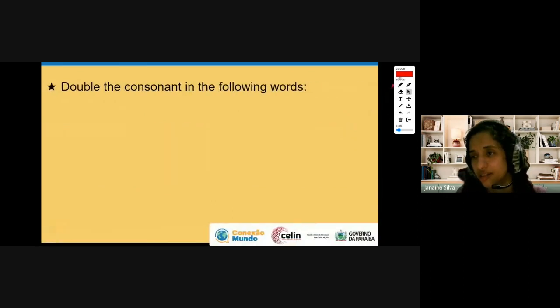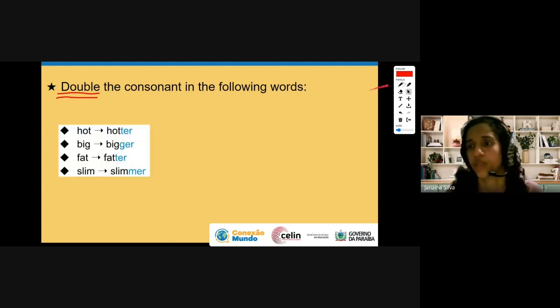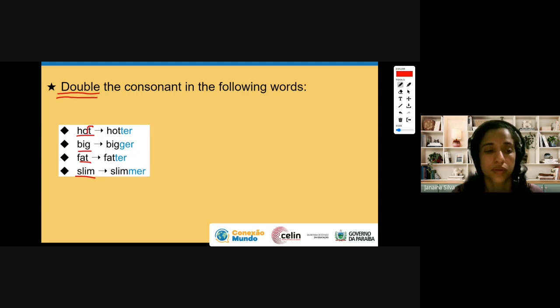Now let's check a second rule. Double the consonant in the following words. So if you have adjectives such as hot, big, fat, or slim, you need to double their last consonant, right? So hot becomes hotter.